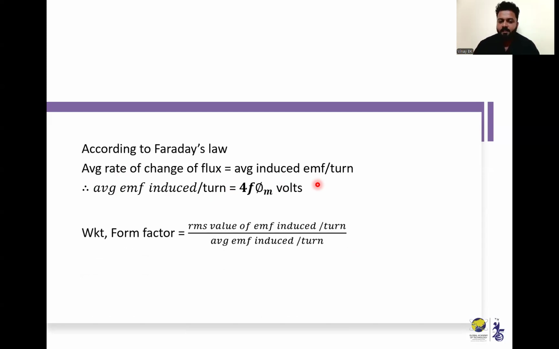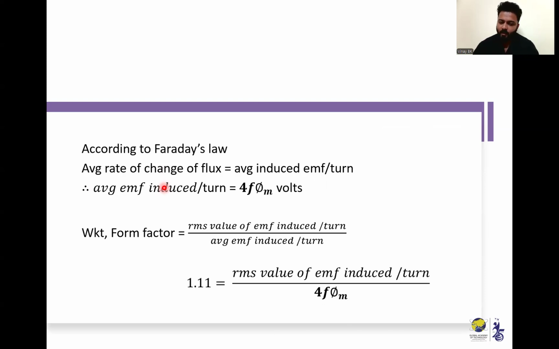Before that, this is the average value of EMF, but I want the RMS value of induced EMF per turn, so I am using the form factor, which is defined as the ratio of the RMS value of EMF induced to the average EMF induced per turn. I know the average EMF induced per turn is 4 f phi m, and the form factor value is 1.11.